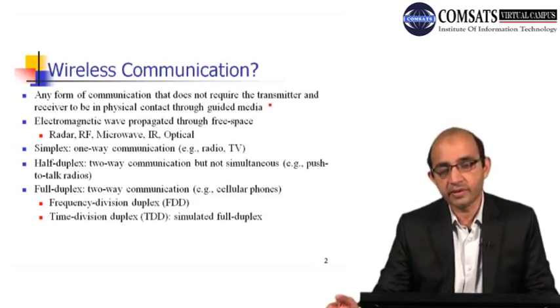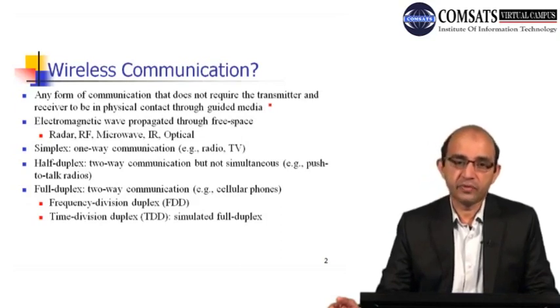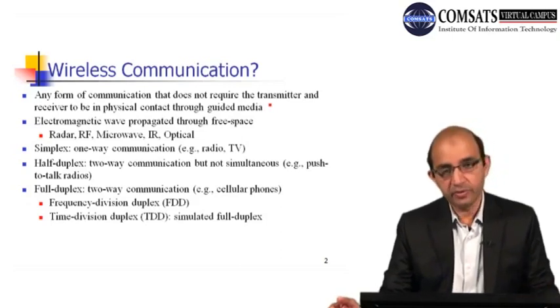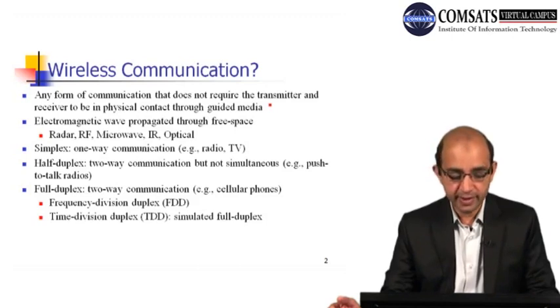Somebody is talking, and suddenly the other person on the other side of the call wants to respond, and he can respond at the same time. So simultaneous communication is possible in full duplex.